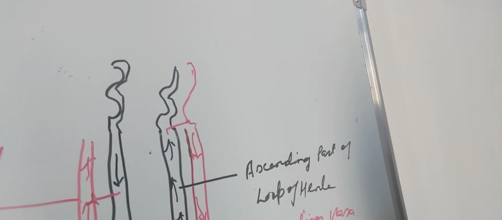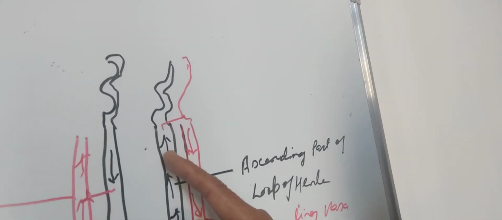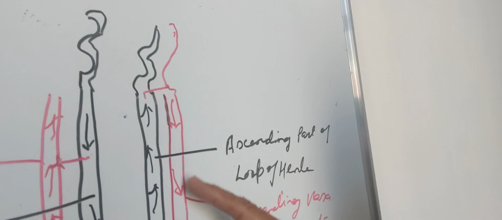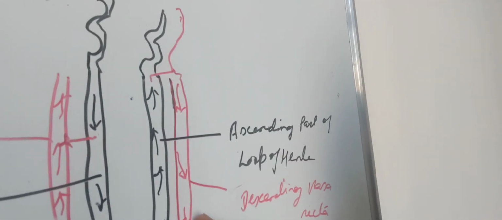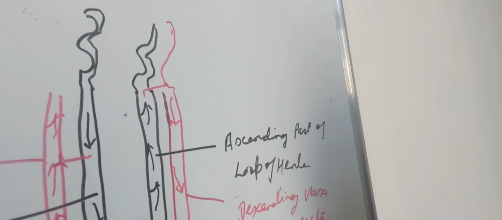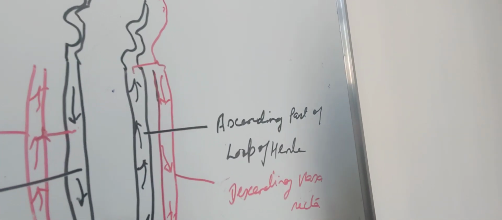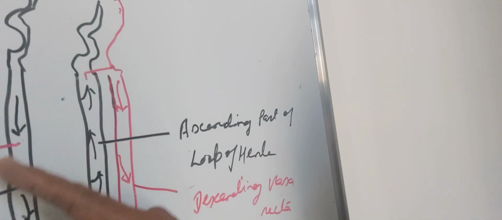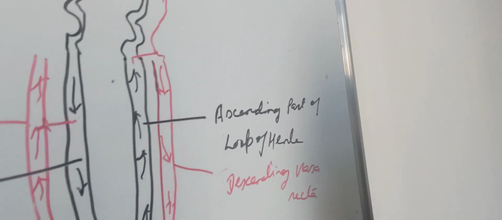So filtrate is moving upward in the ascending limb of the loop of Henle, and blood is moving downward in the descending limb of the vasa recta. Similarly, filtrate is moving downward in the descending limb of the loop of Henle, and blood is moving upward in the ascending limb of the vasa recta.